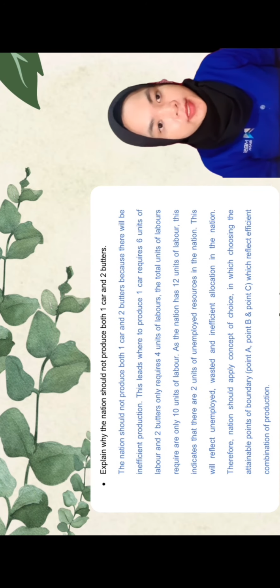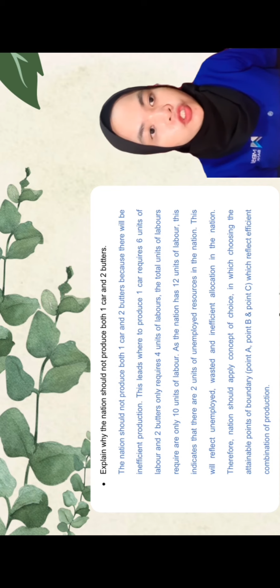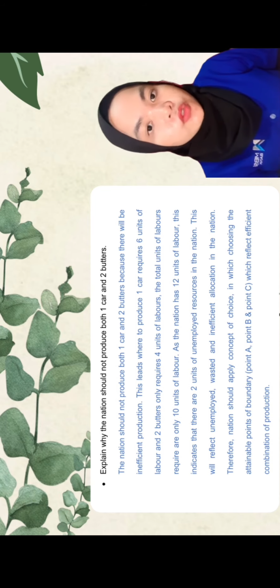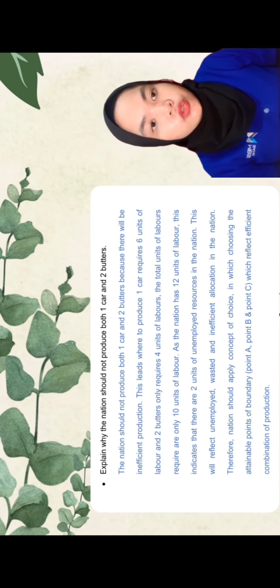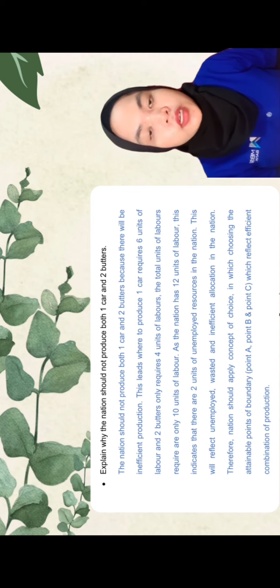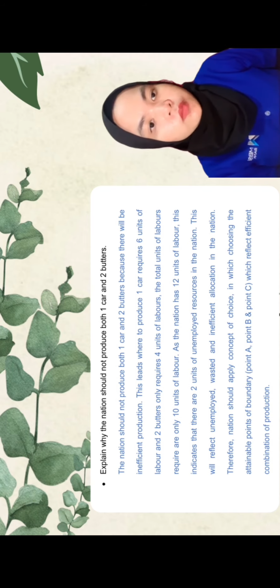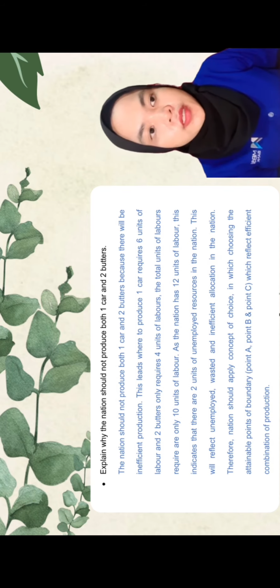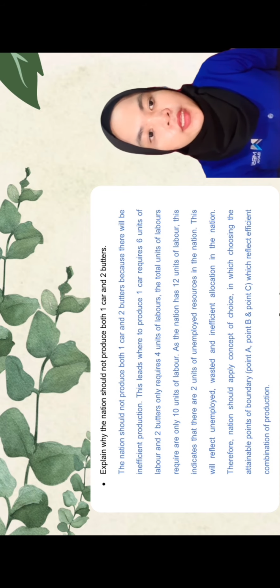The next question is, explain why the nation should not produce 1 car and 2 butters. The nation should not produce both 1 car and 2 butters because there will be insufficient production. To produce 1 car requires 6 units of labor and 2 butters only require 4 units of labor. The total units of labor required are only 10 units, as the nation has 12 units of labor.